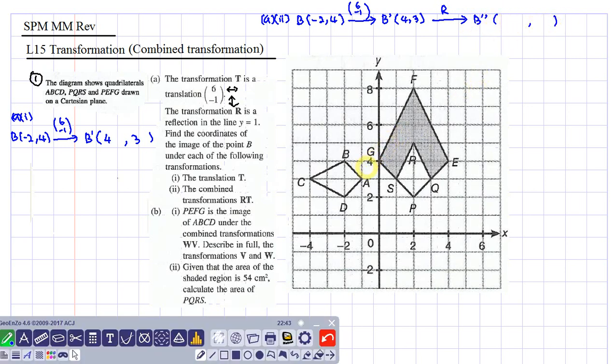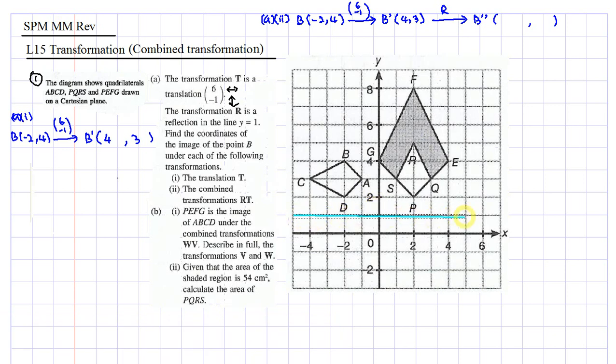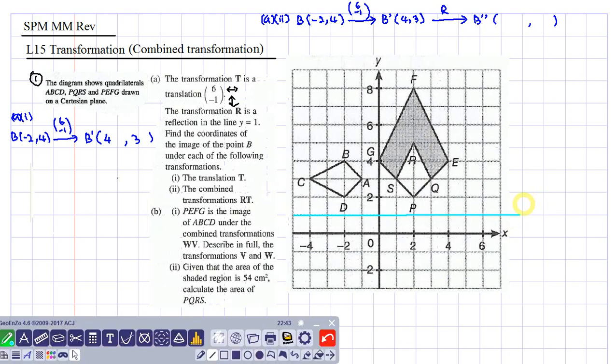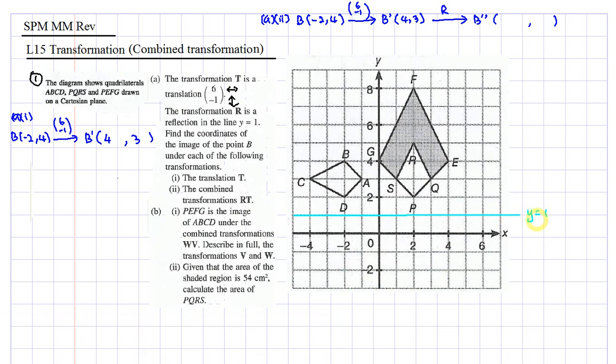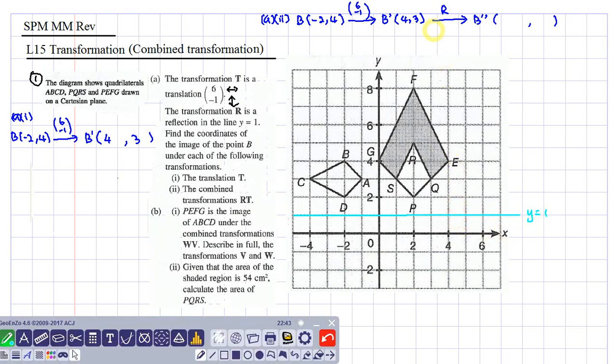I just draw the axis of reflection first, y = 1. This is y = 1, so this is the axis of reflection. Now B prime is (4, 3), which is over here.